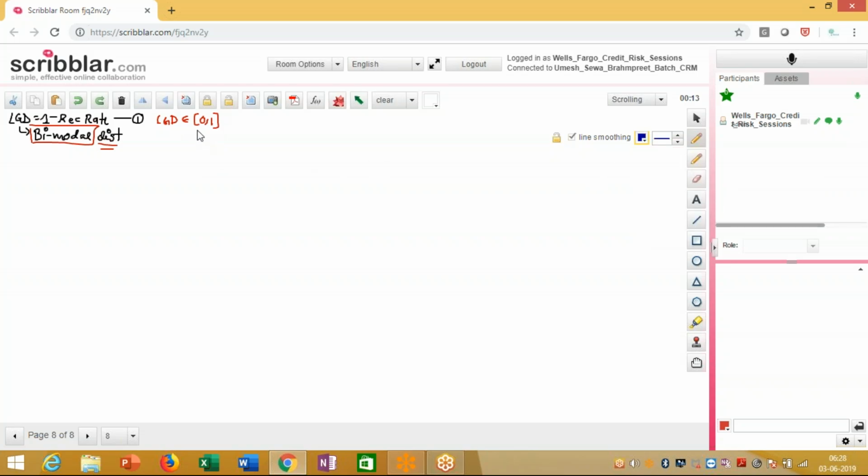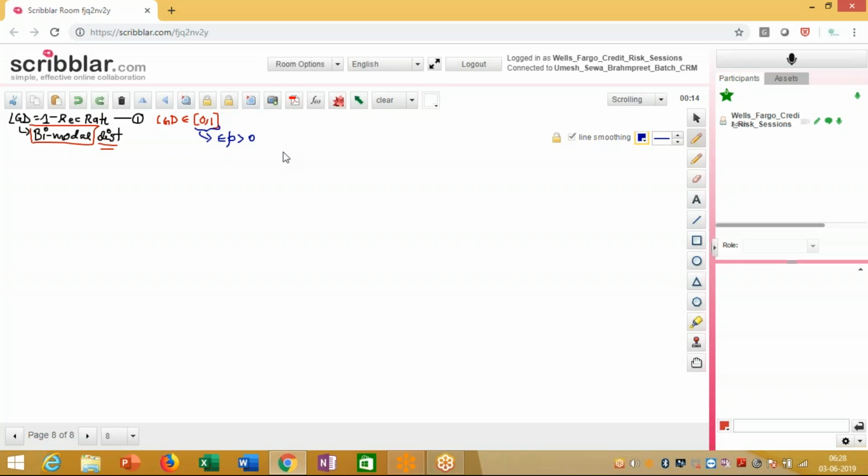For each of these outcomes between 0 and 1, there would be a probability P associated with them, which is greater than 0.